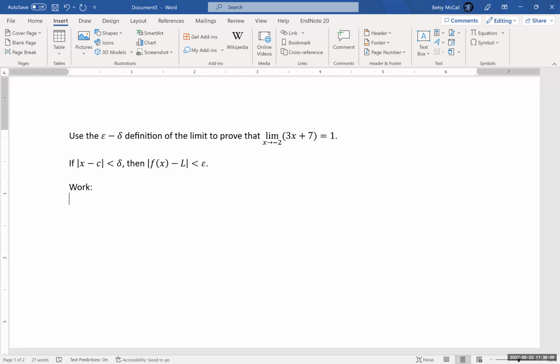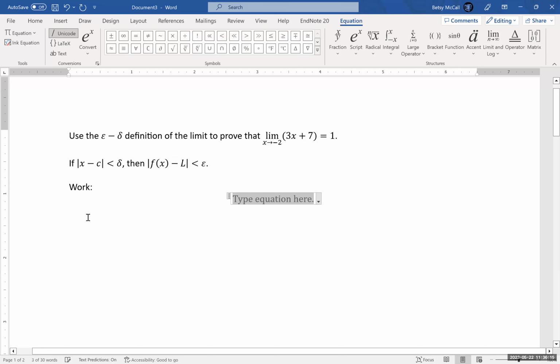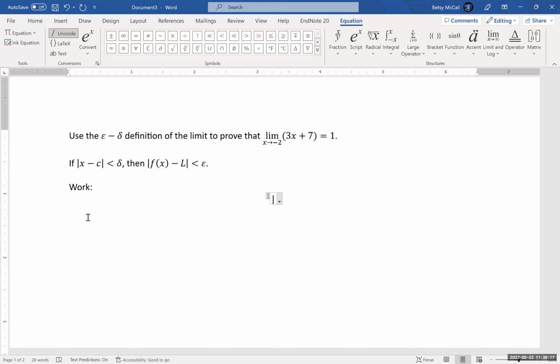So first things first, we're going to start with the then statement in our preliminary setup. What we have to conclude here is that the absolute value of 3x plus 7, minus 1, is less than epsilon.